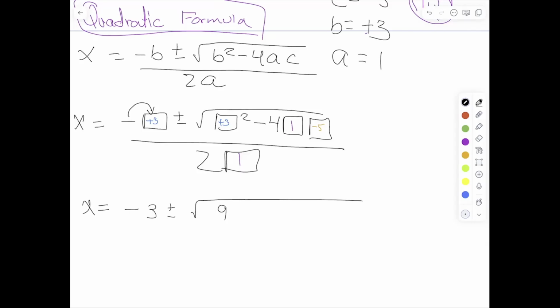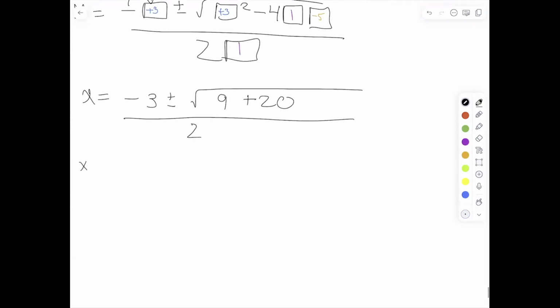That is a negative what? -4 times a +1 is? -4. -4 times -5 is? 20. +20 over 2. So now I have X is equal to -3 plus or minus the square root of 29 over 2. I have two answers.